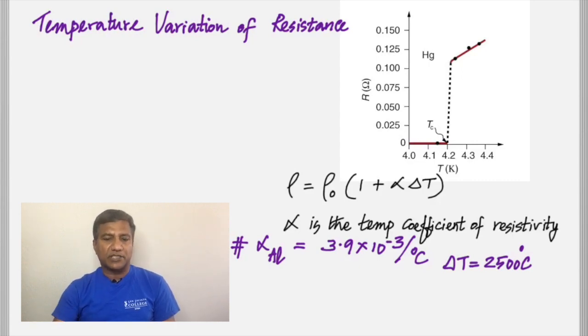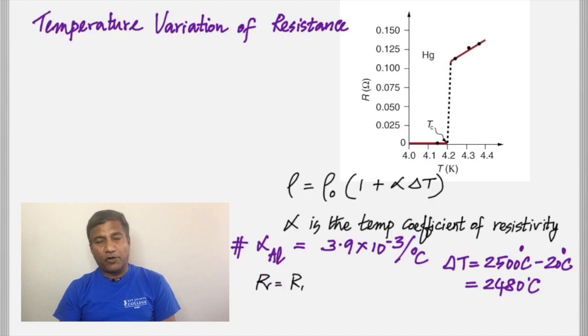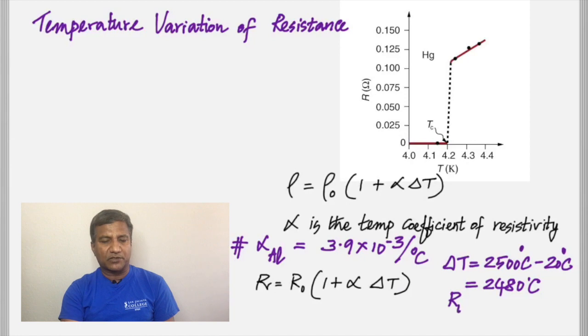And the change in temperature is 2500 degrees Celsius minus 20 degrees Celsius. So that means we are trying to find the resistance at 2500 degrees Celsius. And we're given the resistance at 20. So the difference in temperatures is 2480 Celsius. And then the formula for the change in resistance is just similar to the formula for change in resistivity.